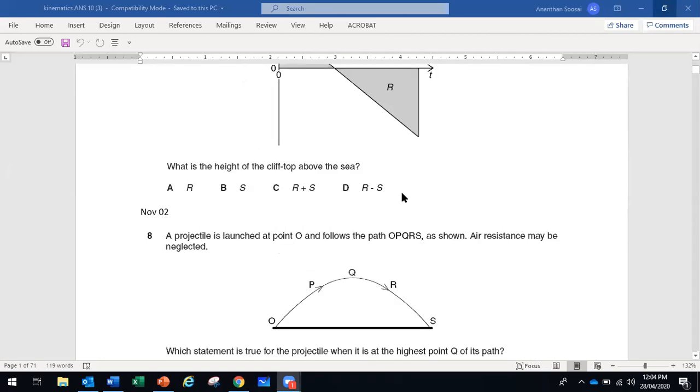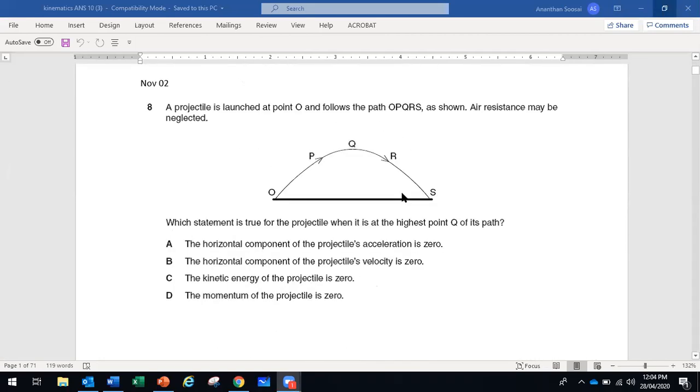Okay, this question, November 2. What's your answer? So, which statement is true for the projectile when it's at Q?